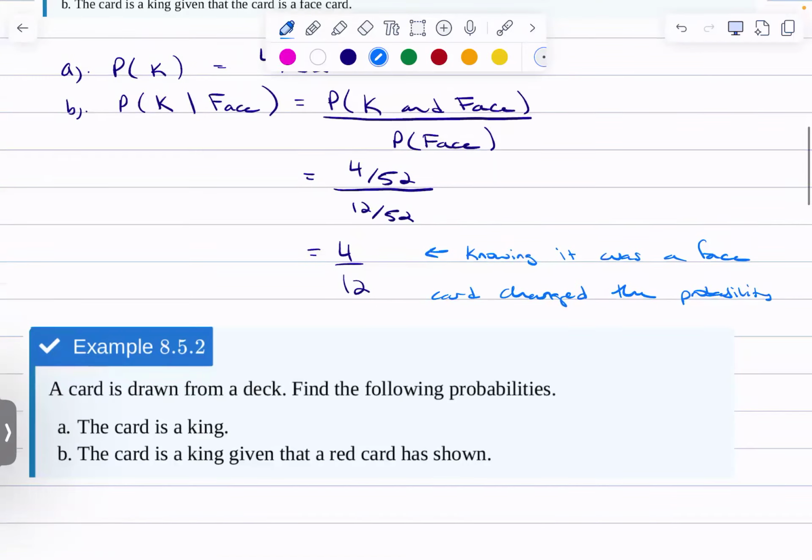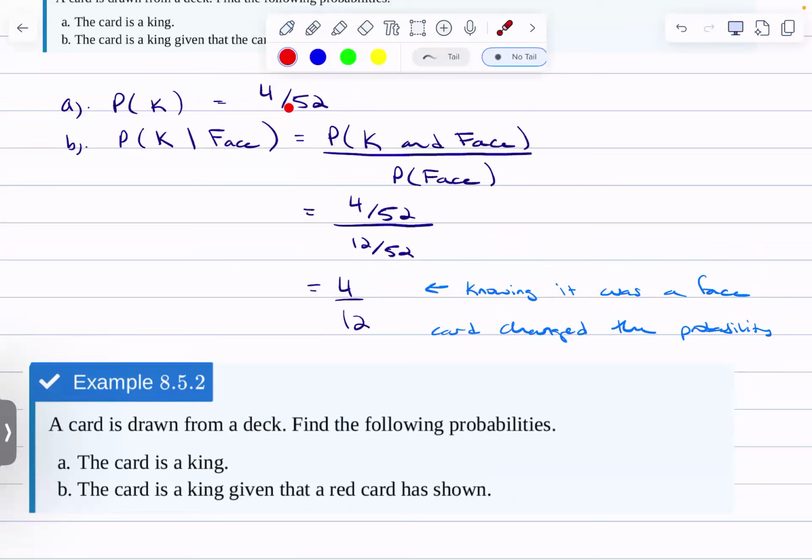Compared to just the probability of it being a king, which is 4/52, and you can convert these to decimals, but I can look at 4/52 and say that that's not the same as 4/12, right, because they'd have to be over the same number.